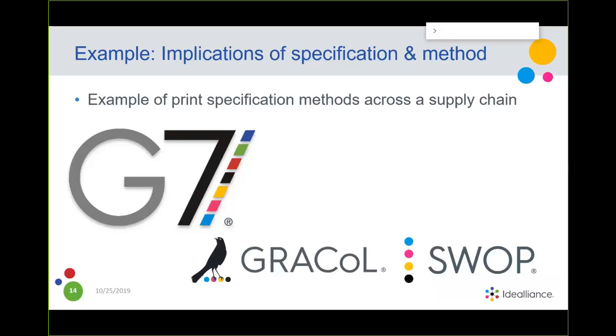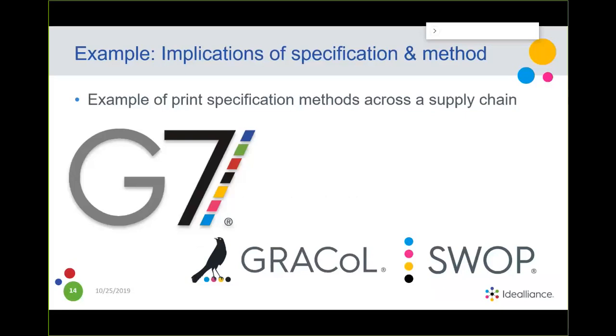For example, if I pick G7 and a spec like GRACoL and look at the supply chain, I can pretty much be on every continent, with thousands of printers around the world doing it, and I can know there's going to be support, printers, and experts who can help that happen.